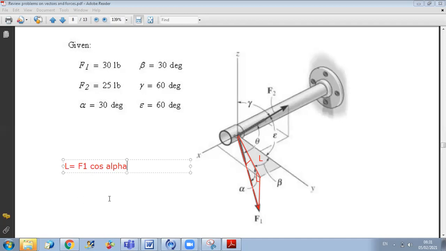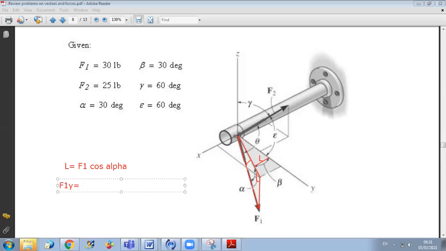Now, this line is not along X and not along Y. I want to project it along x and y. This is why I need a second angle, so they gave me angle beta here. Now we can write together: what is the projection of F1 on y?